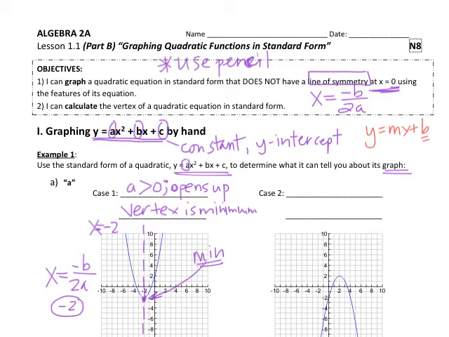And in the second case, when a is less than 0, then the graph is going to open downward, and the vertex will be a maximum. If you take a look at the graph here, none of the graph goes higher than the vertex, does it?